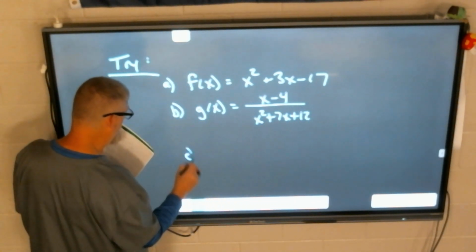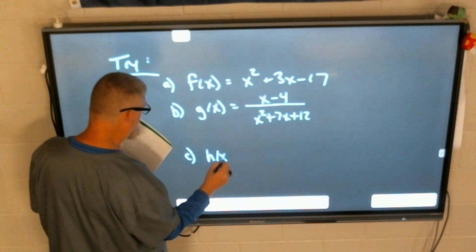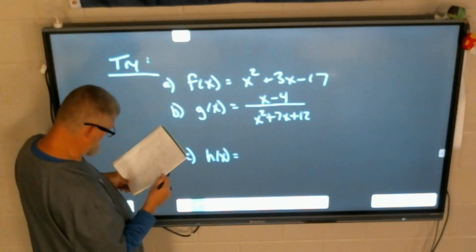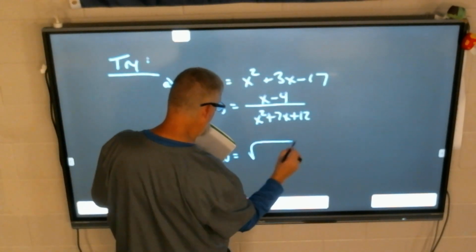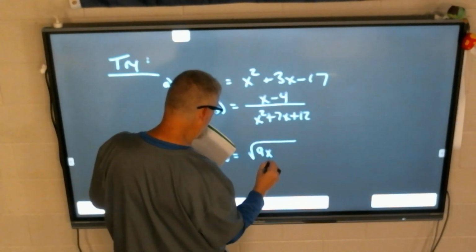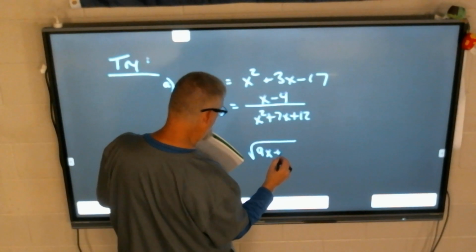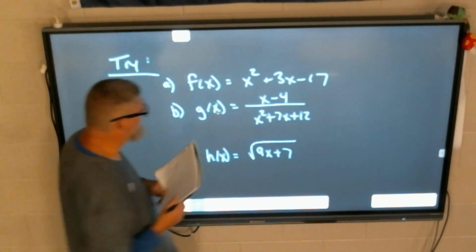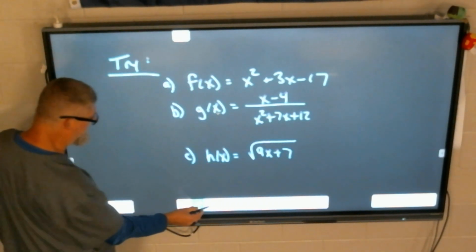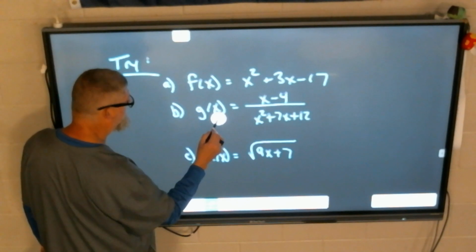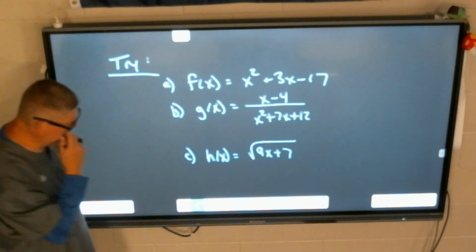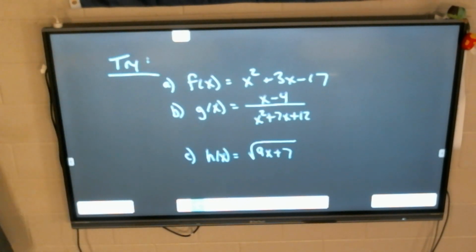And part C, h of x is going to be equal to radical 9x plus 7. Okay? Find the domain of each one of those. Give it a few minutes to try that.